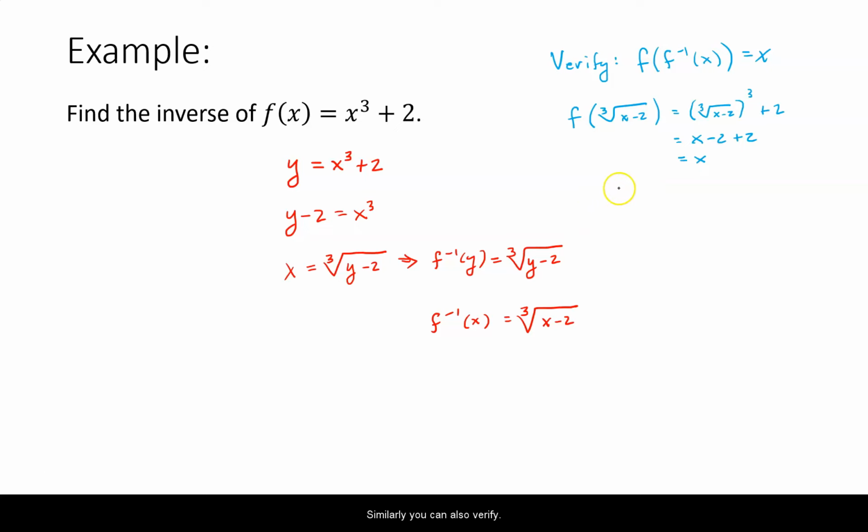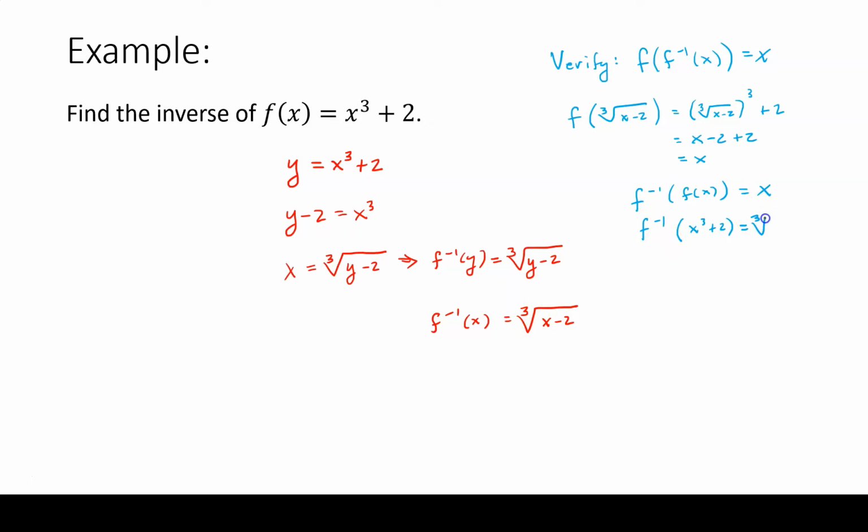And similarly, we could also verify that f inverse composed with f equals x as well. So then we're going to be composing the original f, x cubed plus 2, inside the inverse that we found here.